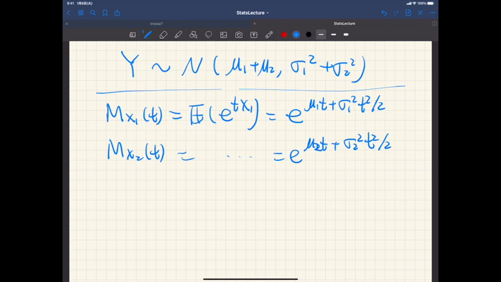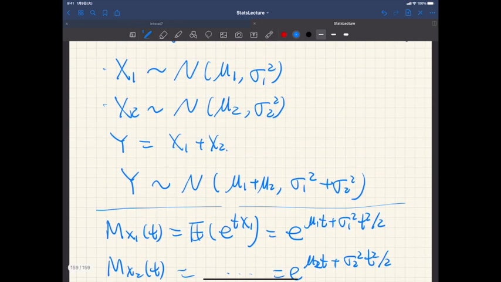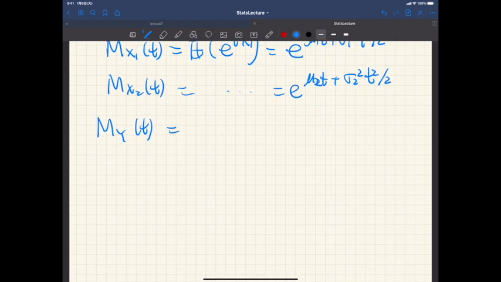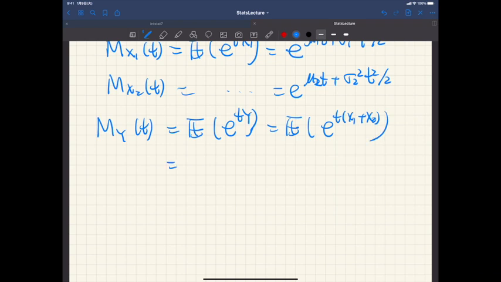Now, we want to calculate the moment generating function for y, which is the sum of x1 and x2. So that is the expectation value of e to the power of ty, but y is x1 plus x2, because it's an exponential function here.